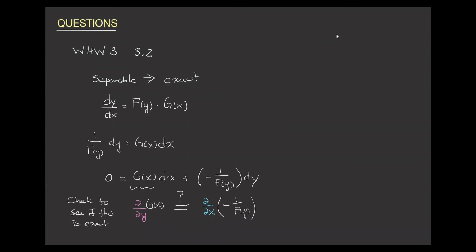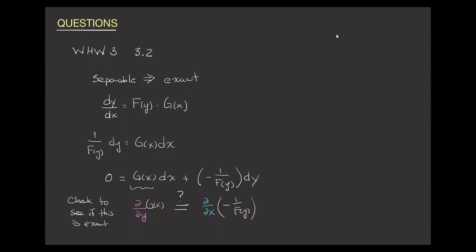If they are equal, it's exact. If they're not, then it's not exact. And of course, if you have a function of x, taking the partial with respect to y is taking the partial of something that's completely constant. With respect to y, x is considered a constant.